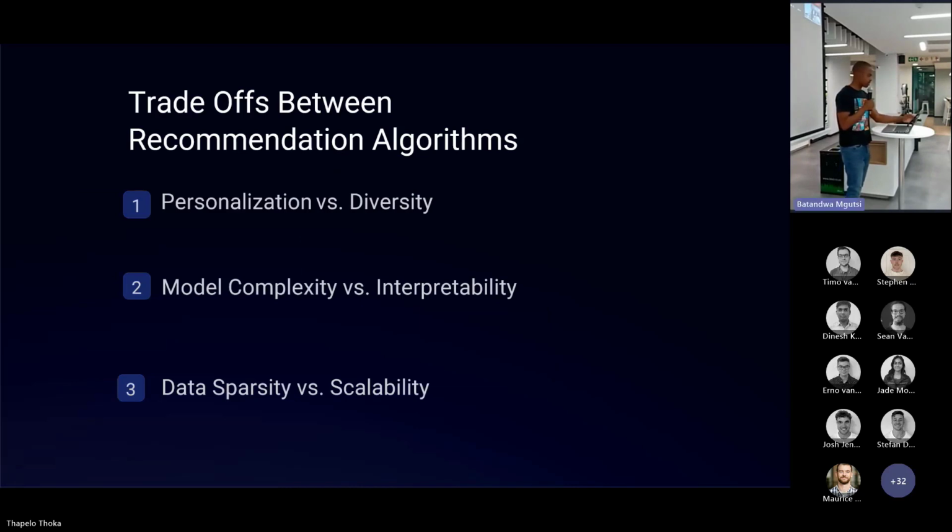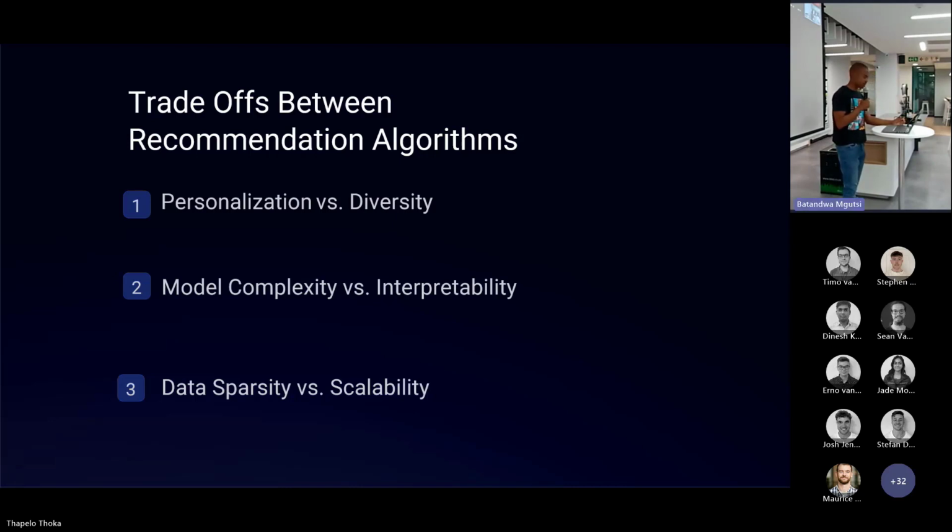There are some trade-offs between recommendation algorithms. Some recommendation algorithms prioritize personalization, providing precisely tailored suggestions based on individual behavior, while others focus on diversity, offering a variety of options to prevent over-specialization.